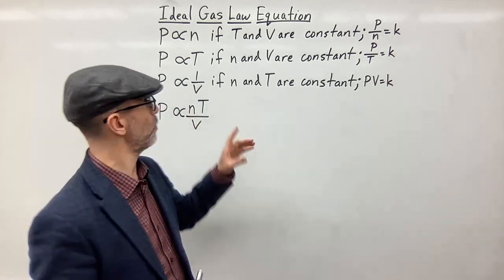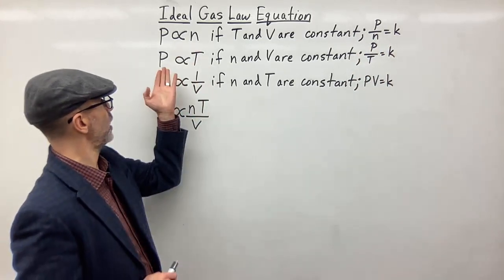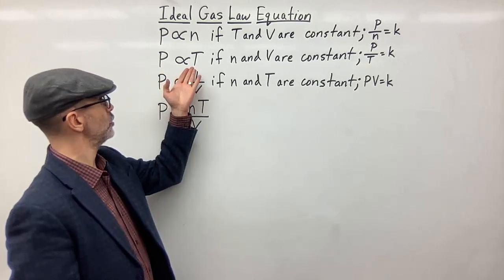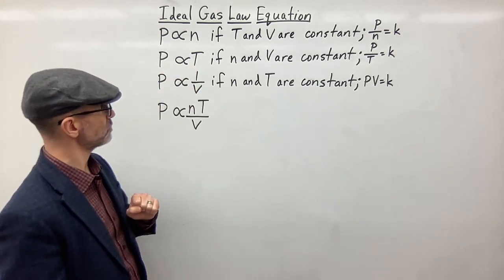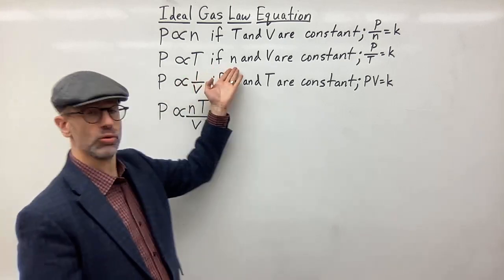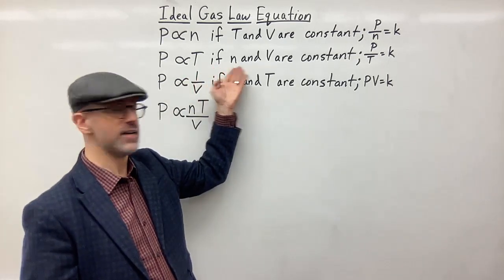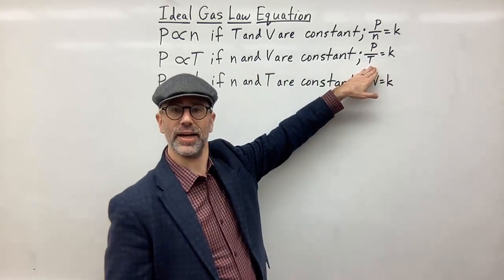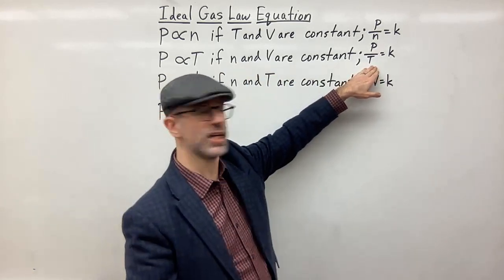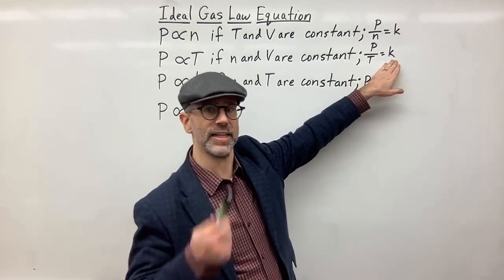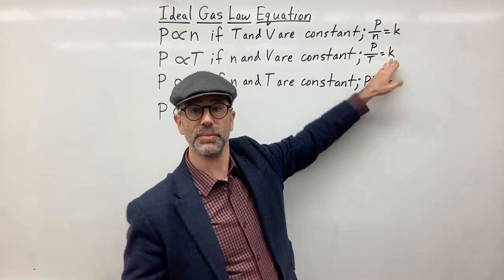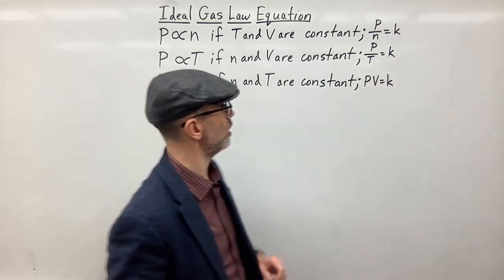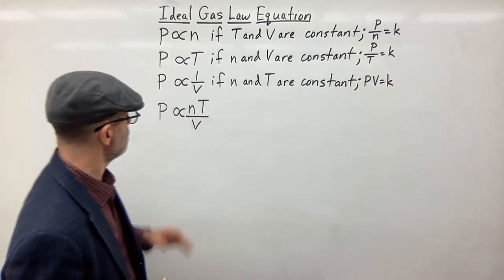Then we saw that pressure is also directly proportional to temperature, but only if the amount of gas and the volume are held constant. That led to P over T being equal to some constant. I didn't tell you what the constant was, but some constant. And that gave us another gas law.